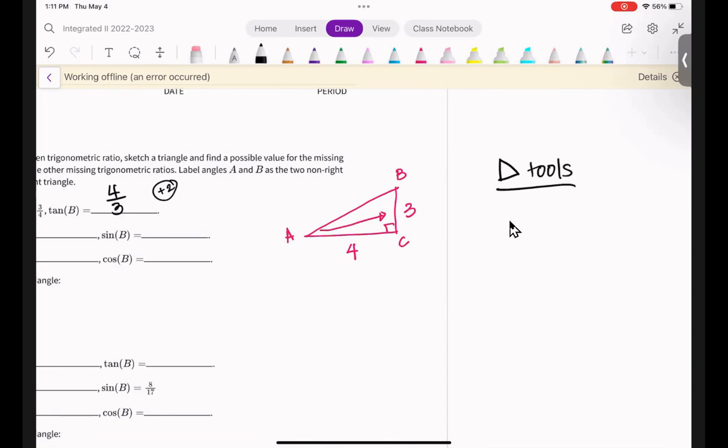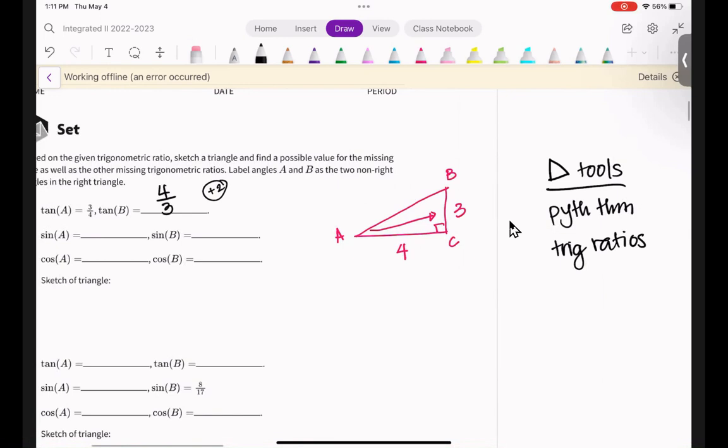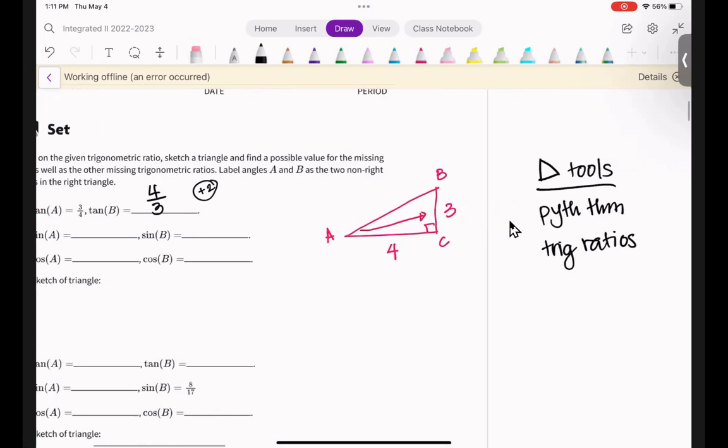The two tools that we have for right triangles, and I'm going to say this over and over again so that it's in your brain, are the Pythagorean theorem and trig ratios. If you don't know what trig ratios are, that's your sine, cosine, and tangent. So the moment that I see this right triangle, I'm like, ooh, I wonder if it's one of the tools that I could use. Which tool is going to help you find the hypotenuse here?